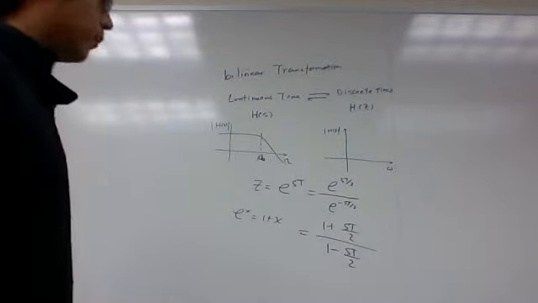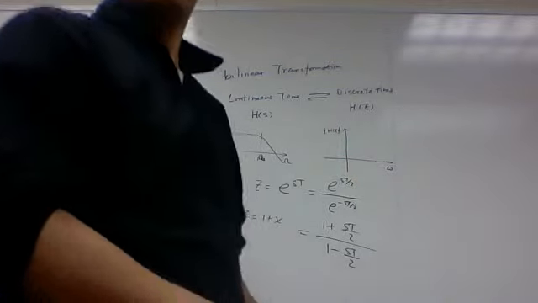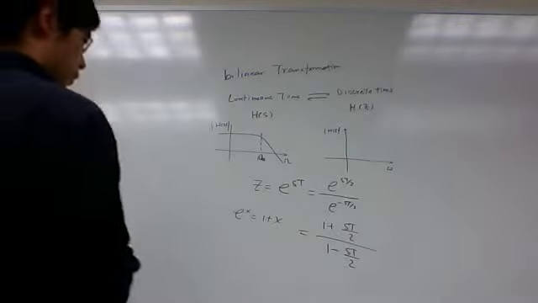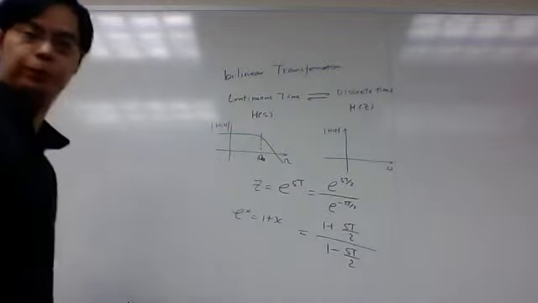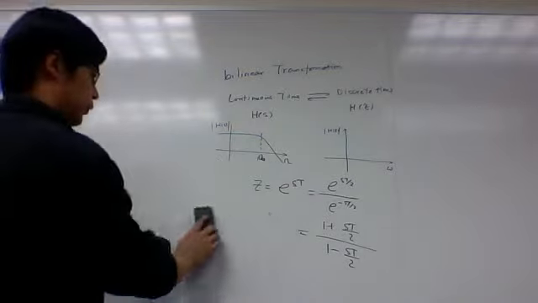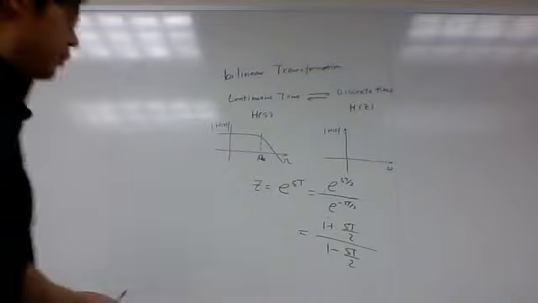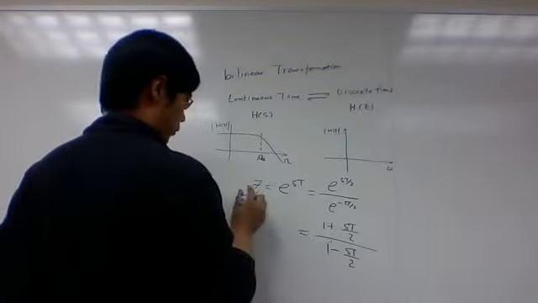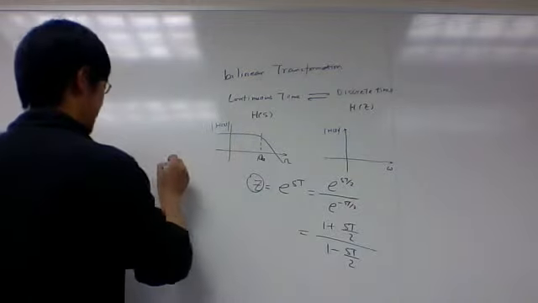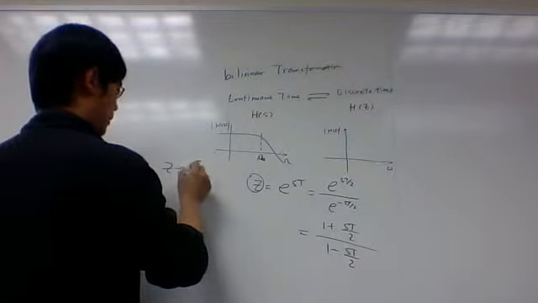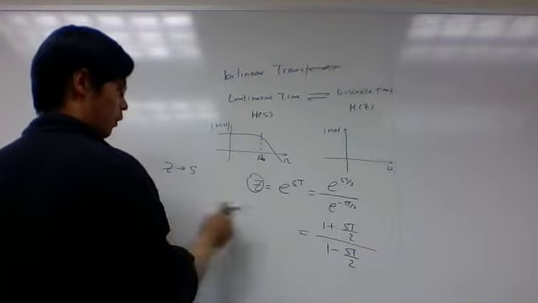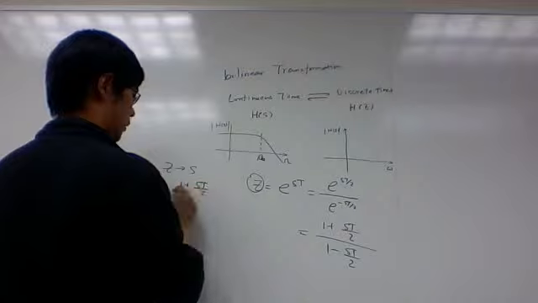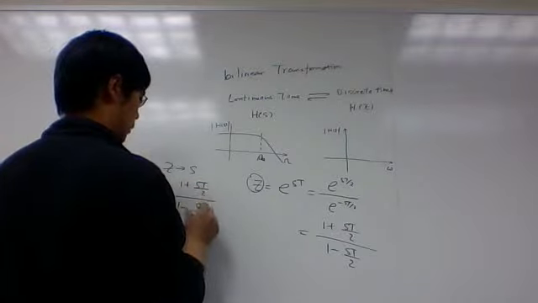Again, if you rephrase to organize a little bit, this is how to translate from s to z: z is equal to 1 plus sT over 2, divided by 1 minus sT over 2.